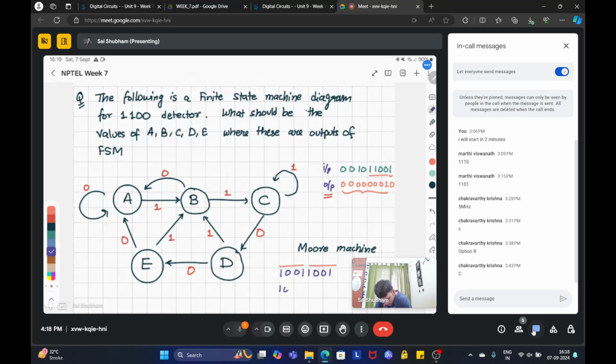Another case is also a 1001 pattern, where the last 1 is common to both. The first is called non-overlapping, and this is overlapping. In the interview, they will ask you to make either a Moore machine or a Mealy machine for non-overlapping or overlapping cases of a sequence detector.